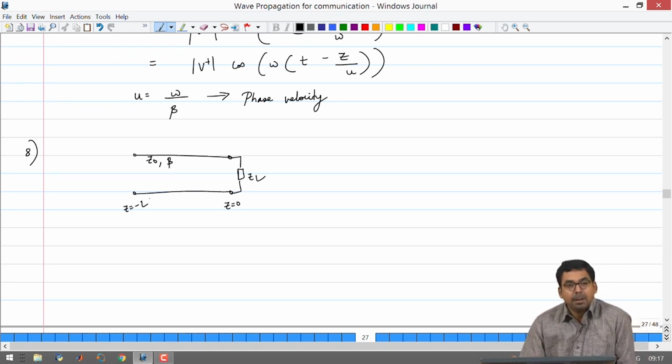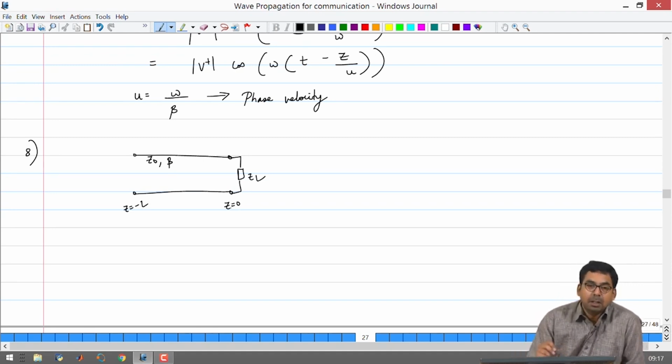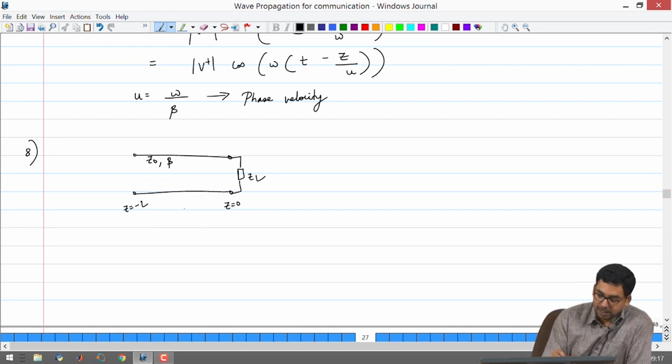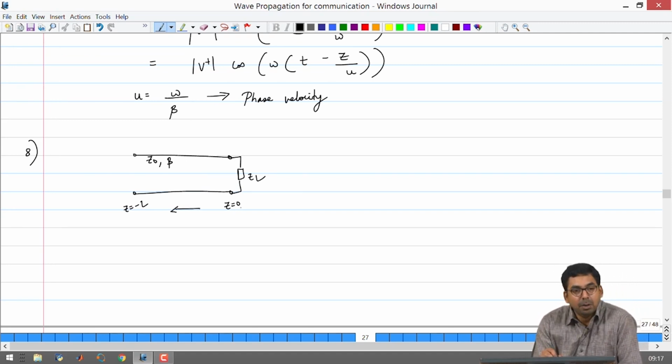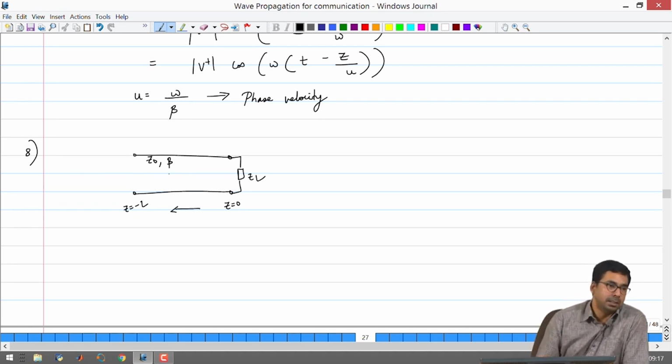There are too many Z's, but the Z that I am writing below is the spatial coordinate. Okay. So, if you look at the spatial coordinate convention, it is slightly weird. Okay. Z equal to 0 corresponds to the load end and Z equal to minus L corresponds to the source end.